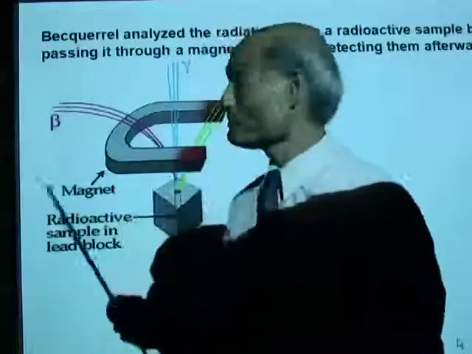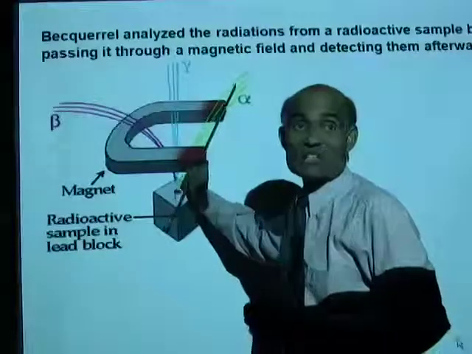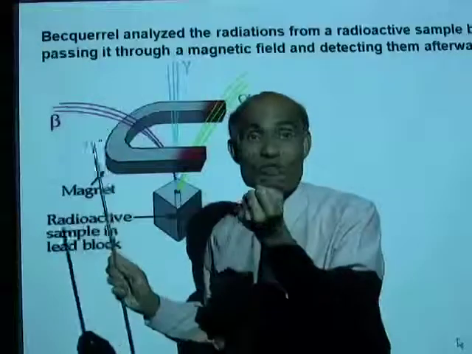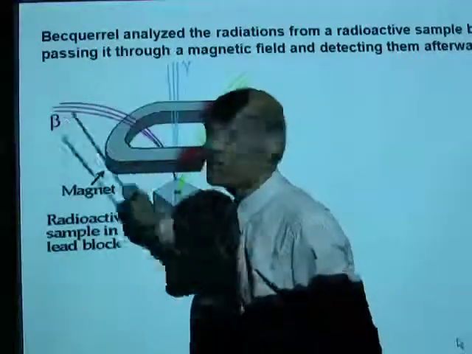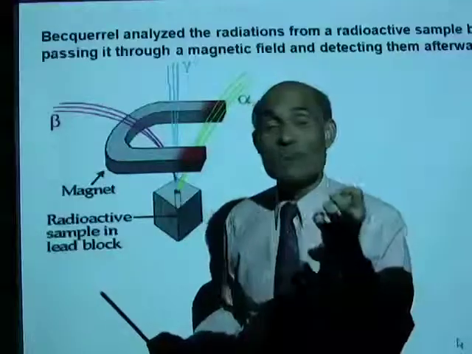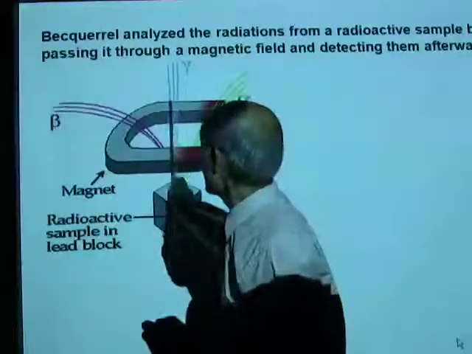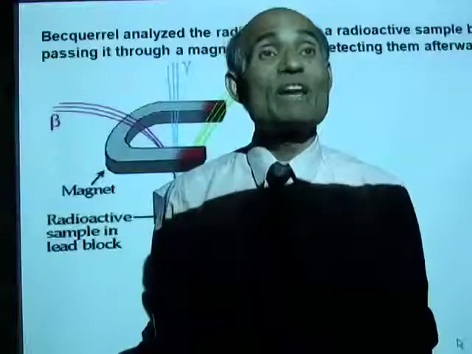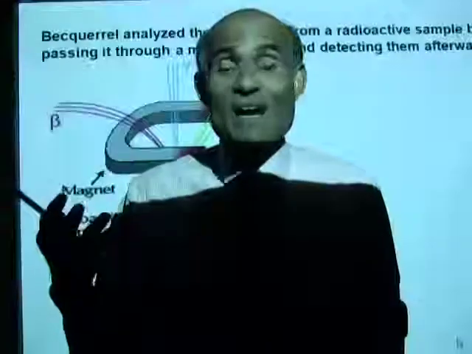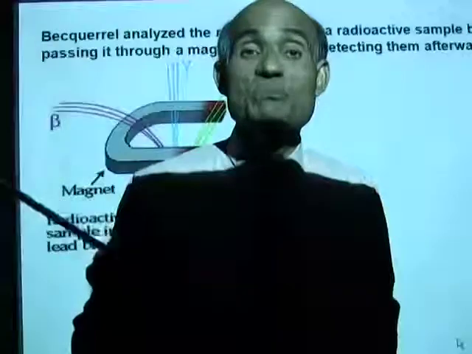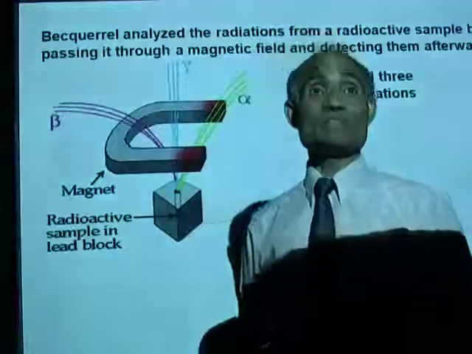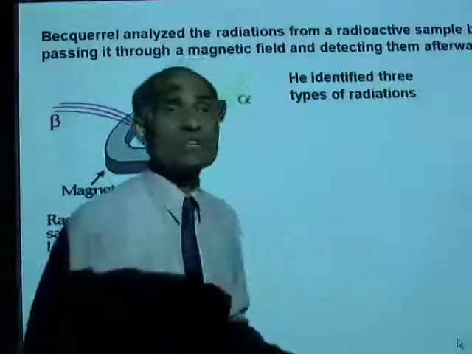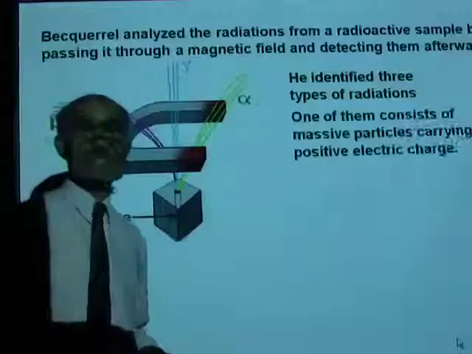Well, that means if the radiation deviated to the right has positive charges, then the radiation deflected to the left must be carrying negative charges. And then what is this radiation that was not affected by the magnetic field at all? It must not be carrying any electric charge, or it could be simple electromagnetic radiations. So he identified 3 types of radiations as a result of an experiment like this.